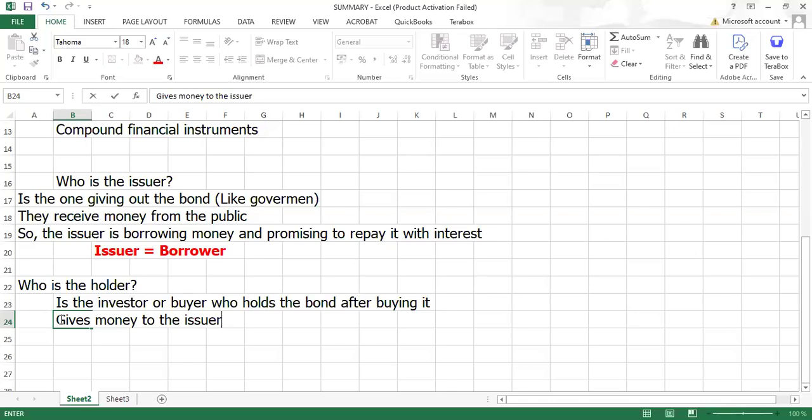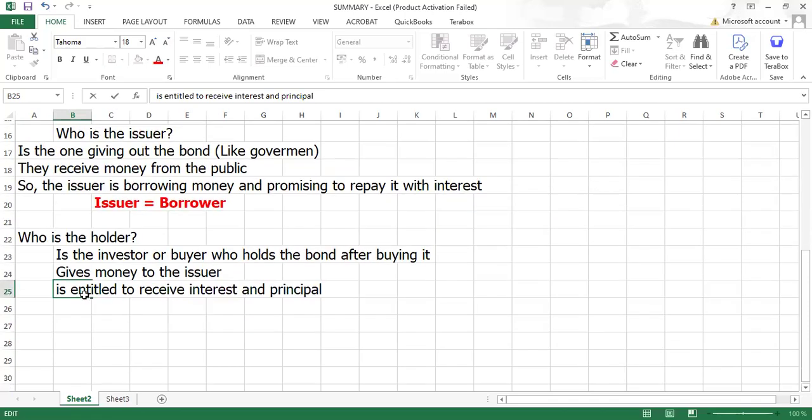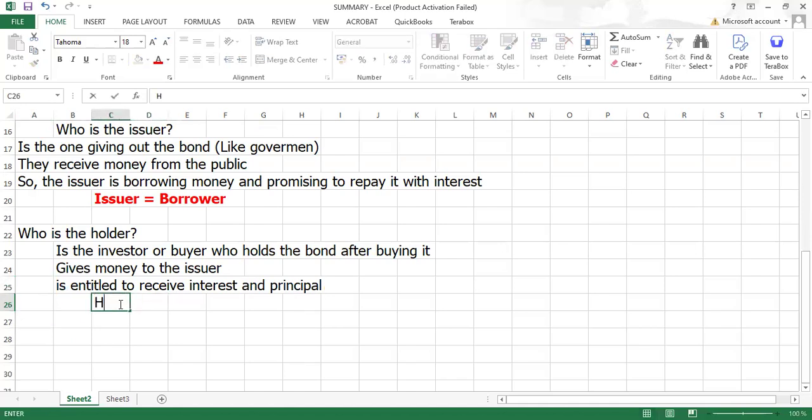You are the holder, you're lending, so you are entitled to receive interest and your principal. At the end, the government must pay back that money. So in simple terms, the holder is like the lender.